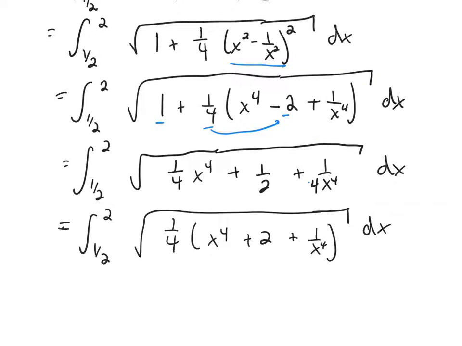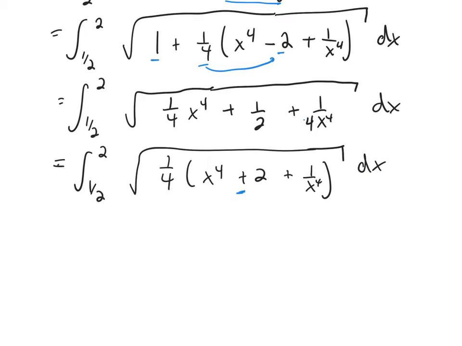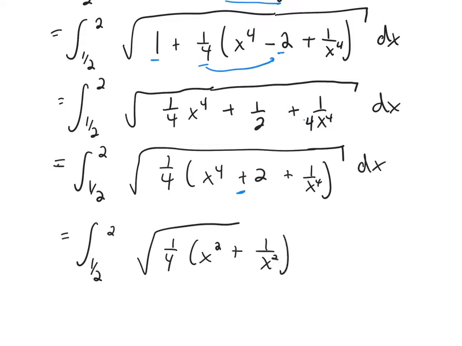And if you notice, this is almost what we had earlier. The only difference is this is a plus 2 instead of a minus 2. So this will now factor into (x squared plus 1 over x squared) squared.